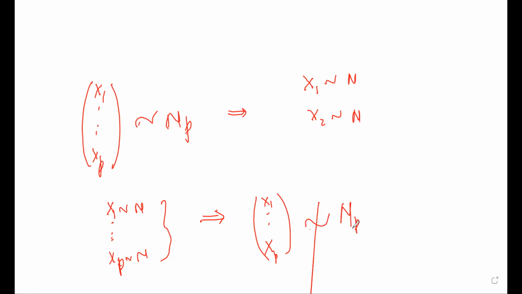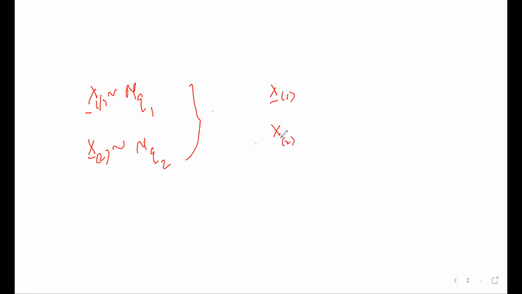There's no contradiction. Here in property 5, what we do is we have two separate multivariate normals, right? X1 and X2. And we say by putting them together, we can create another multivariate normal. Yes, we can do that.